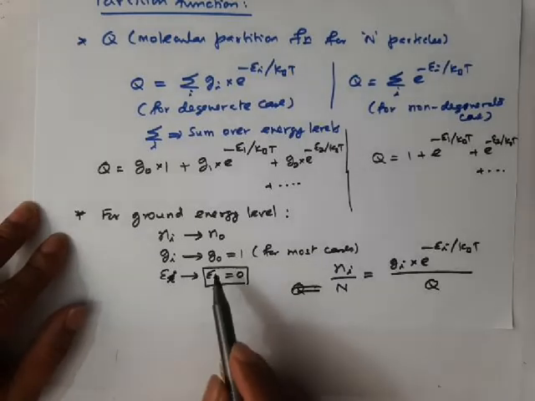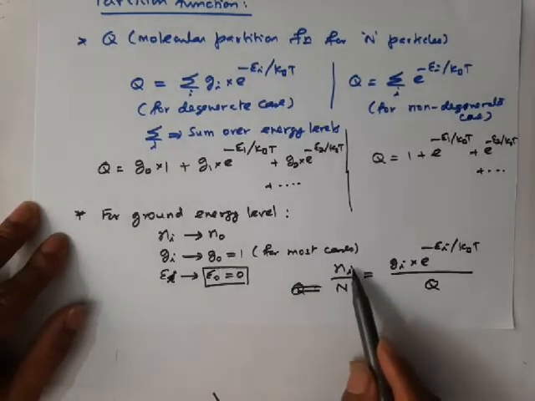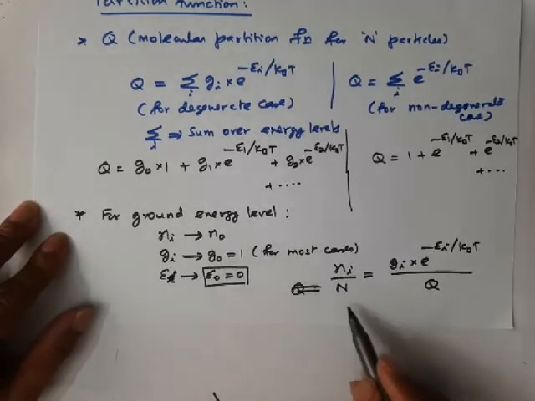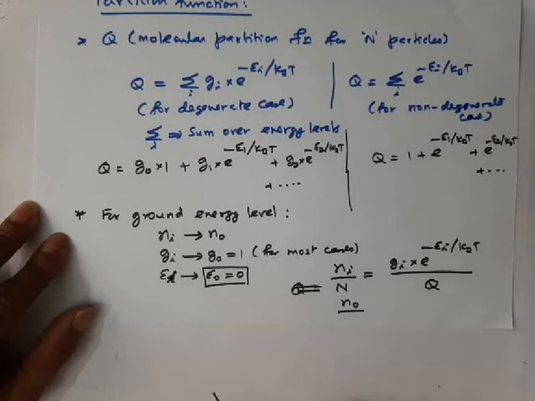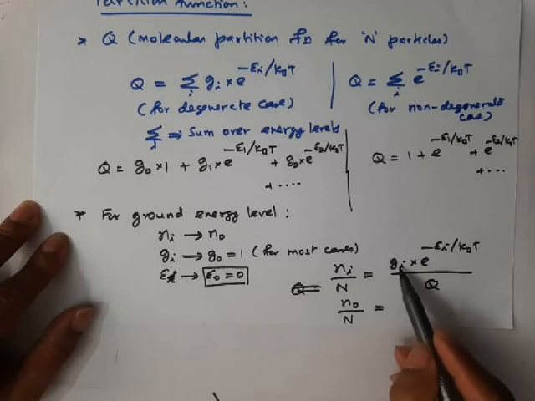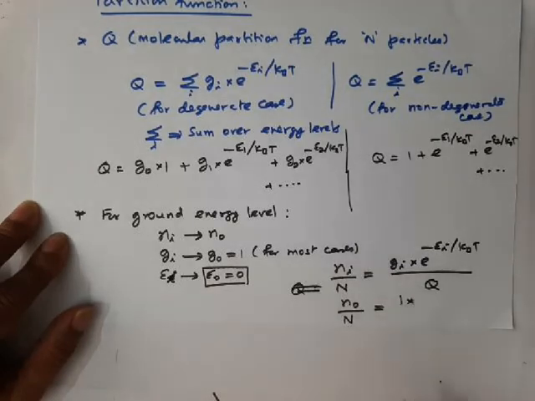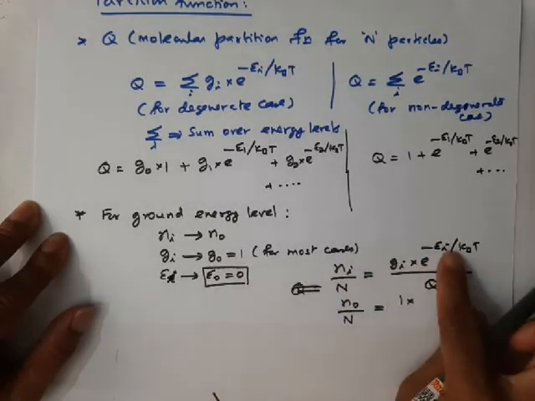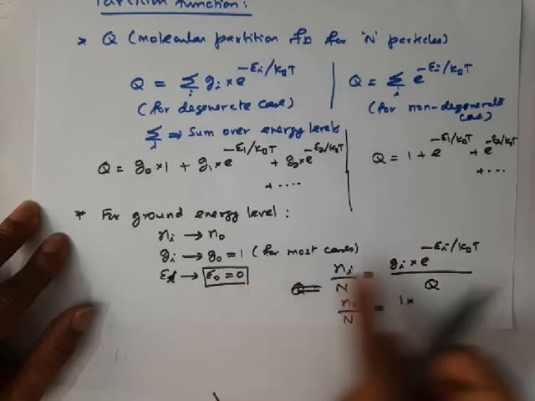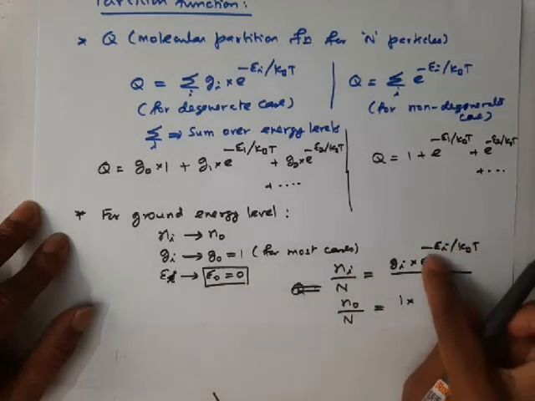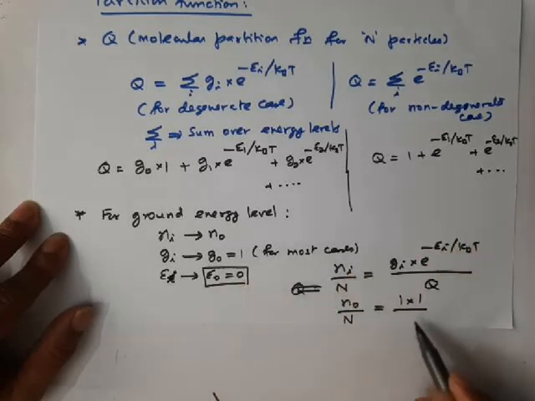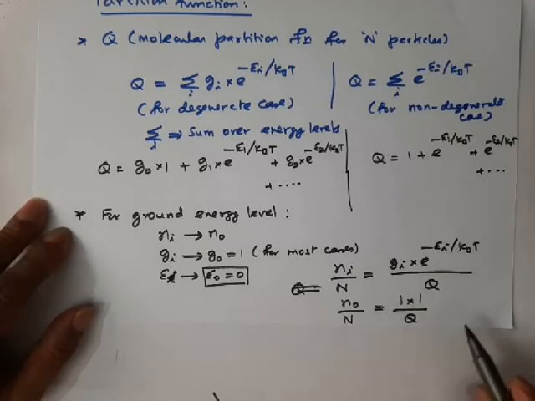So what I am going to do for the ground state, instead of Ni I should put N0. Put here N0 divided by the total number of particles N equal to degeneracy. Instead of gi I should put g0, but we know very well g0 is 1 for most cases, so that is 1. And instead of Ei I should put E0, but E0 is 0, so this becomes 0. e power 0 is 1, divided by capital Q. So what is Q from this?